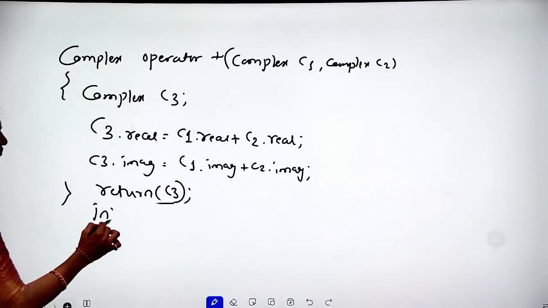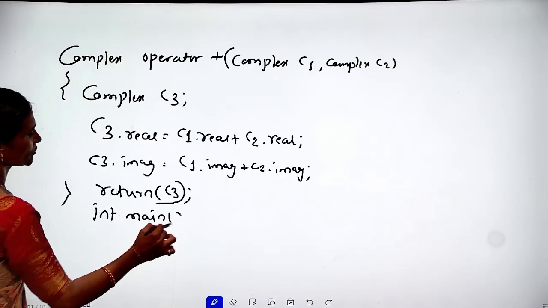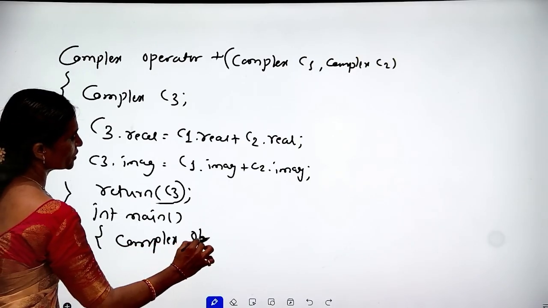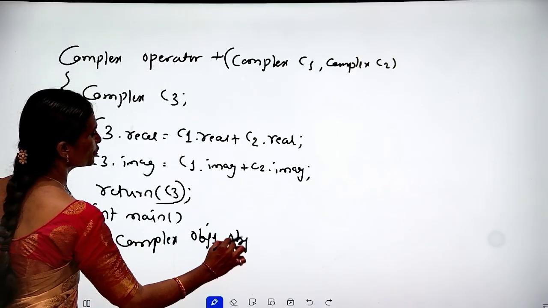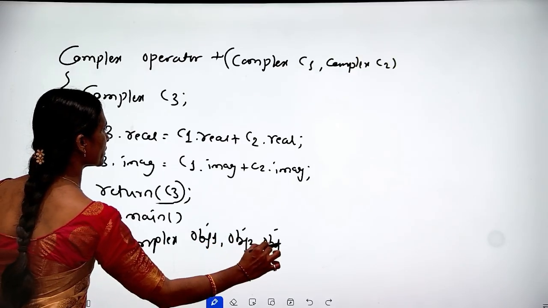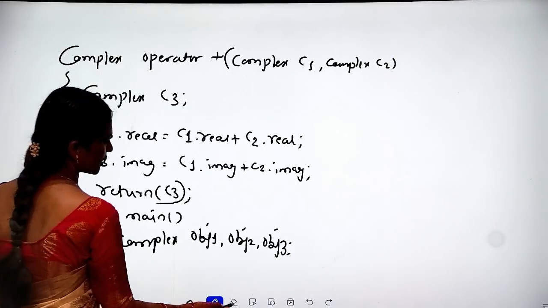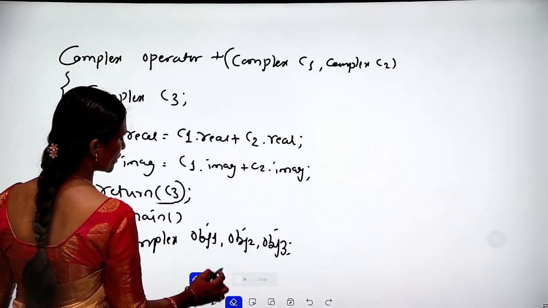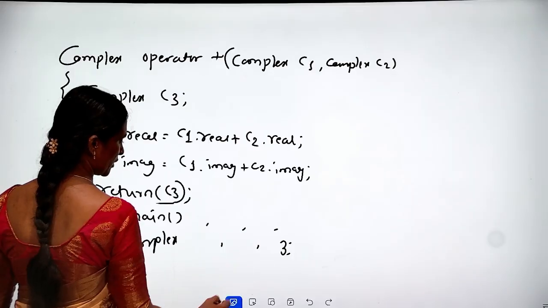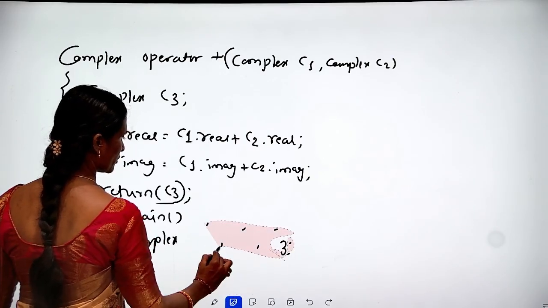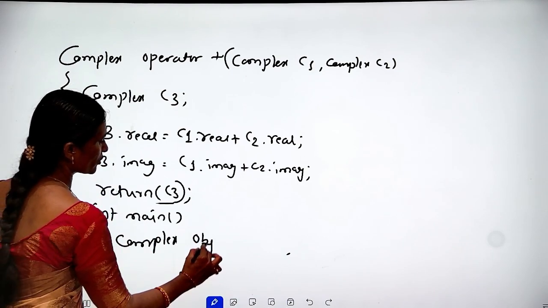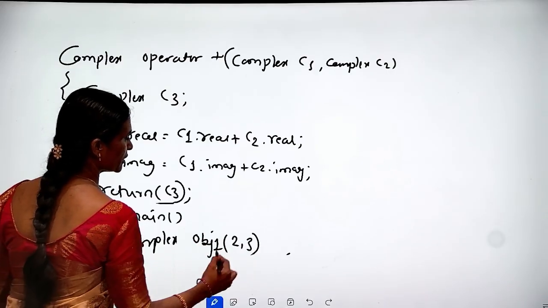Now, in main, we are going to create objects for this Complex class: obj1, obj2, obj3. Instead of the default constructor, I will use the parameterized constructor. So I will create the first object with 2 comma 3.